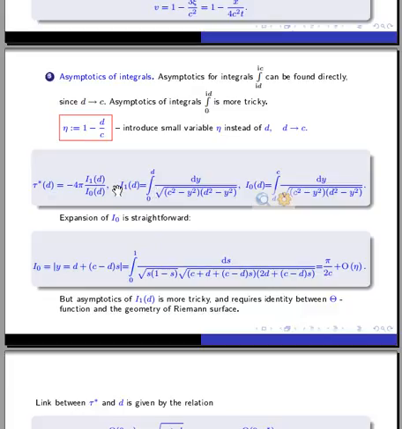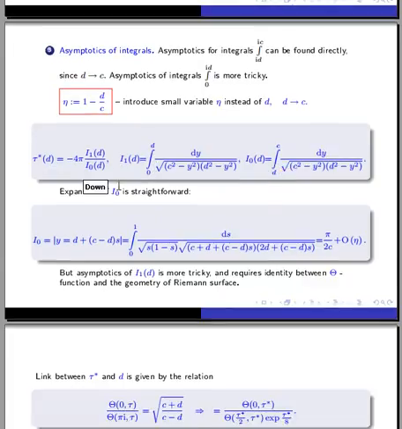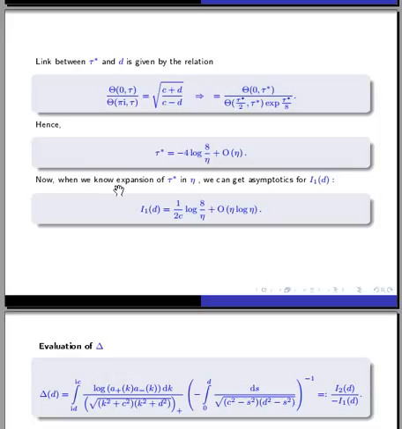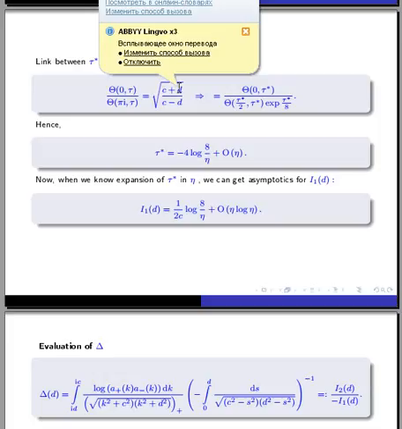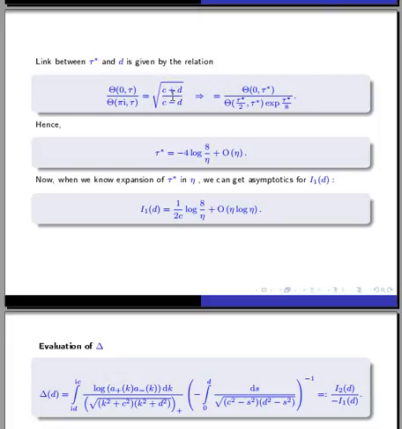To find the asymptotics of this integral, we use the following trick. We have an interesting identity in theta functions which connects the b period tau with this geometrical object d.